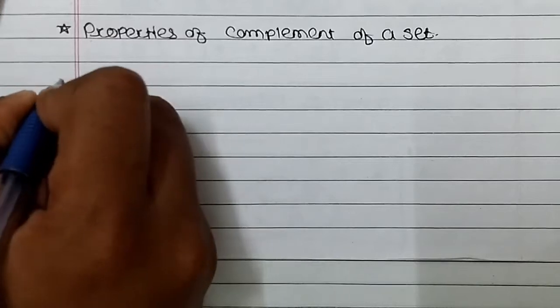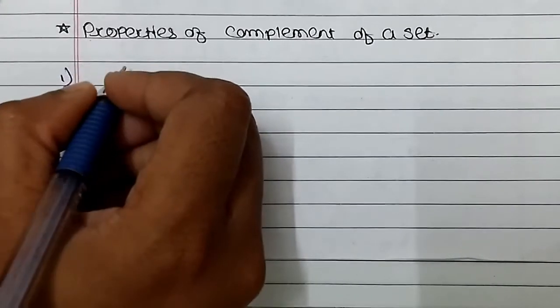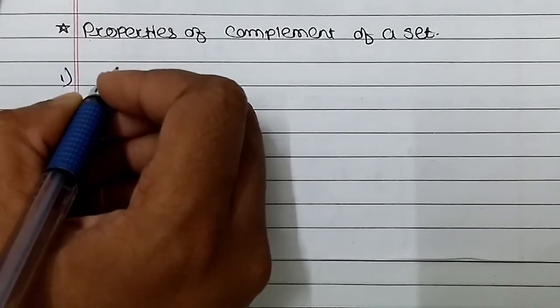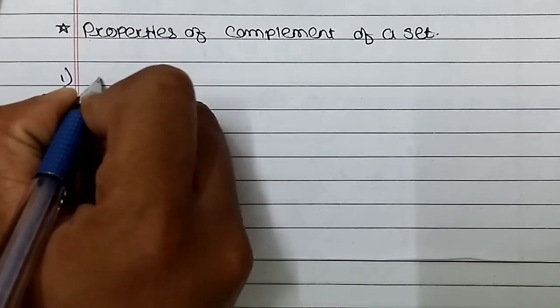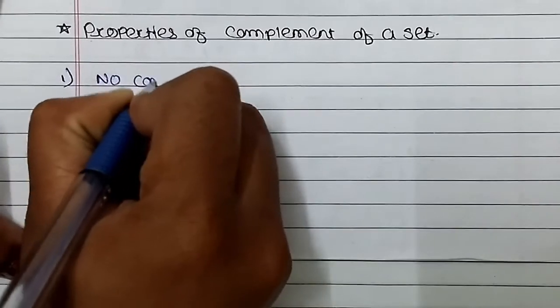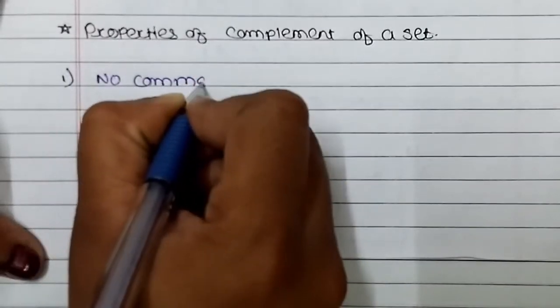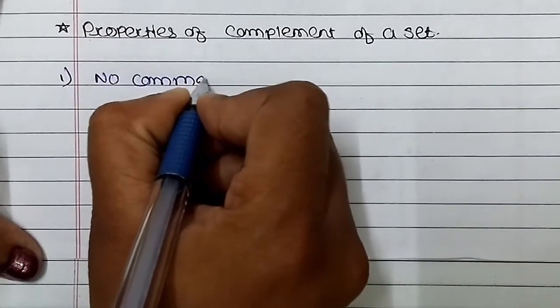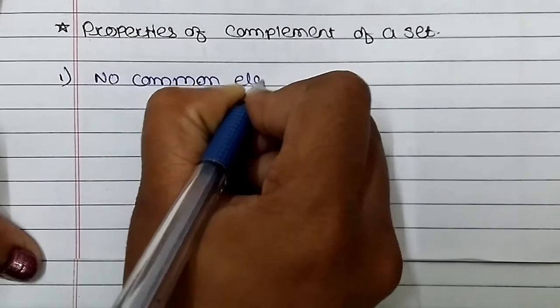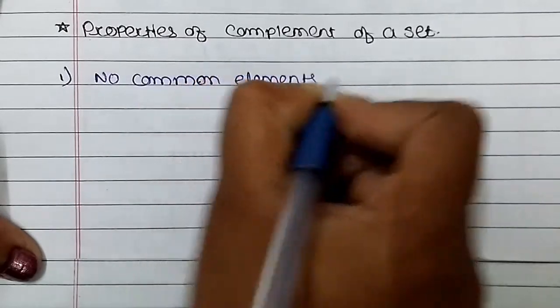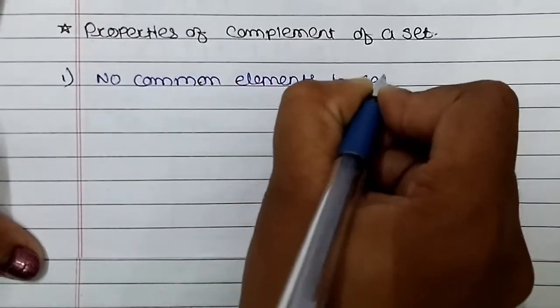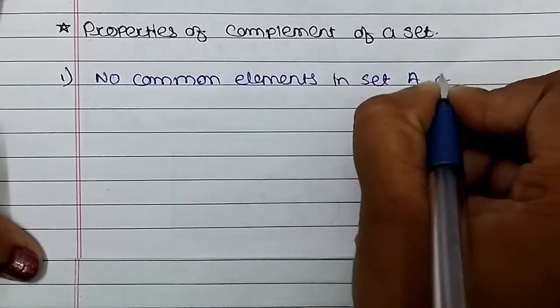Okay, first property is no elements are common in A and A dash. No common elements in set A and A dash.